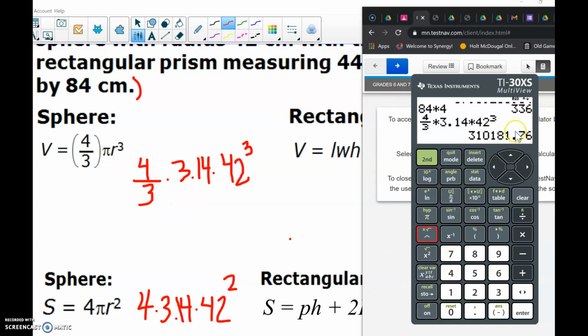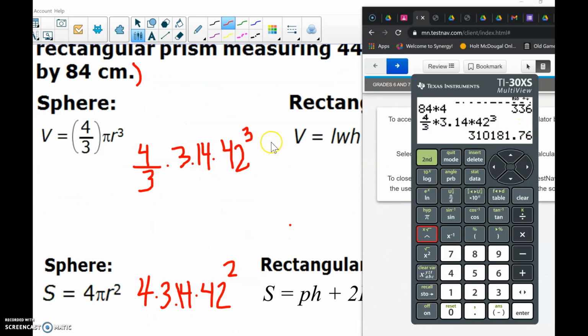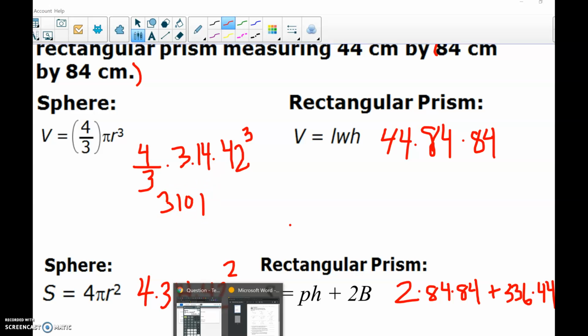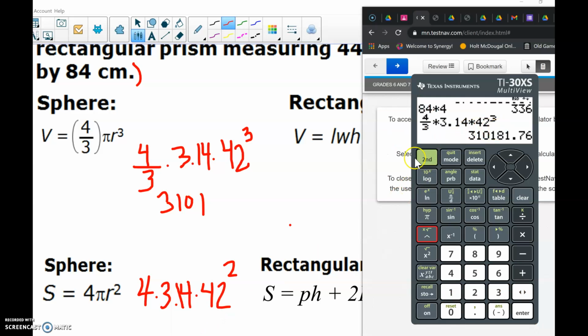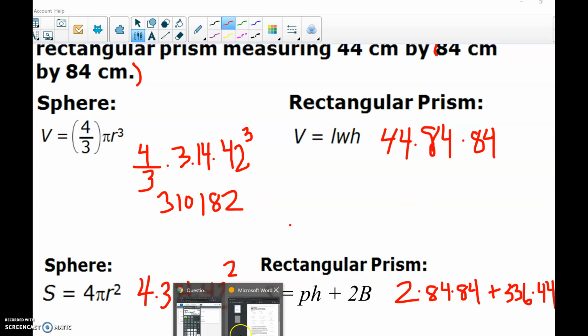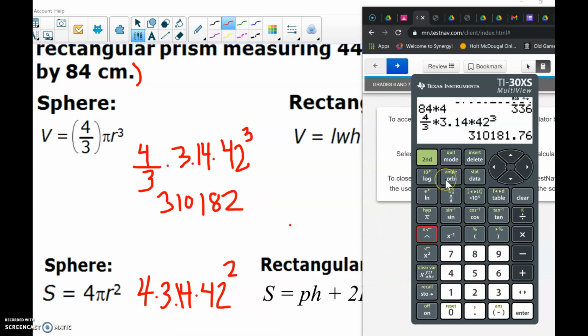I'm just going to round to the ones place because it doesn't say what to round it to. Now I'm doing the surface area.